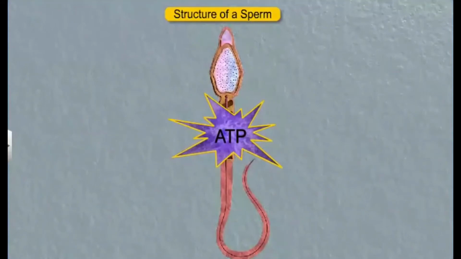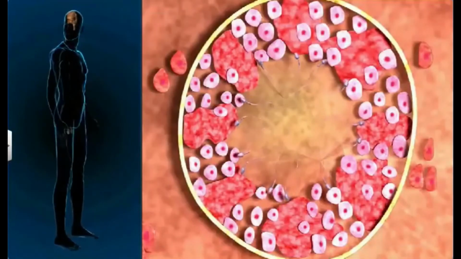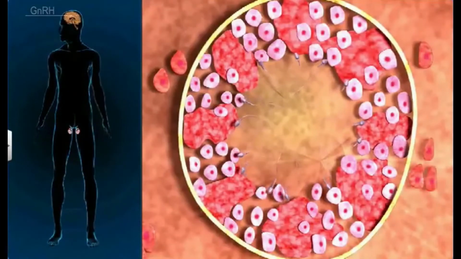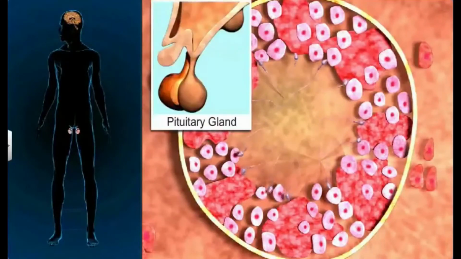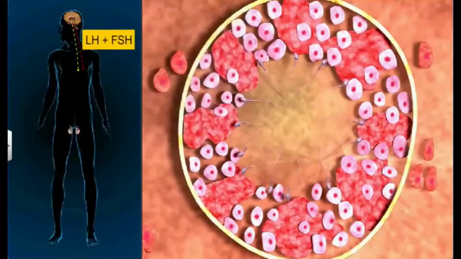tail. The formation of sperm is triggered when the hypothalamus secretes high levels of gonadotropin releasing hormone, or GnRH. This GnRH acts on the anterior pituitary gland and stimulates the secretion of luteinizing hormone, or LH, and follicle stimulating hormone, or FSH.